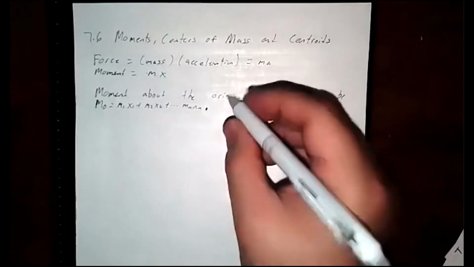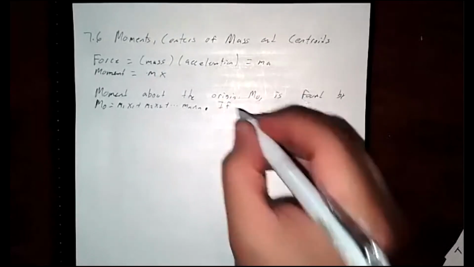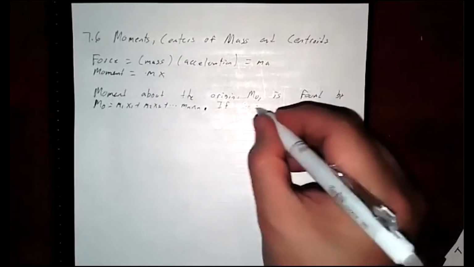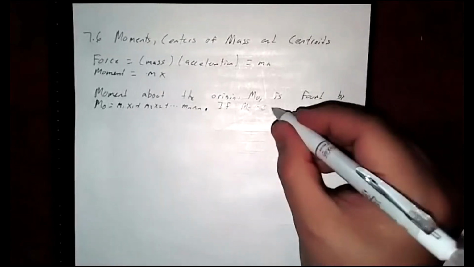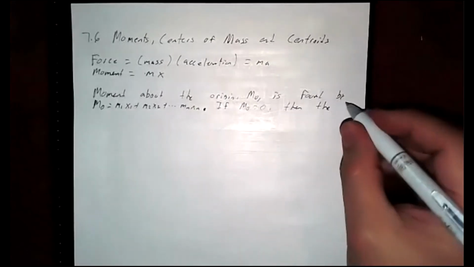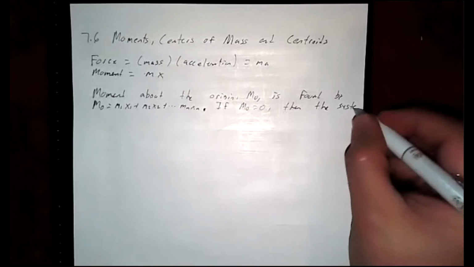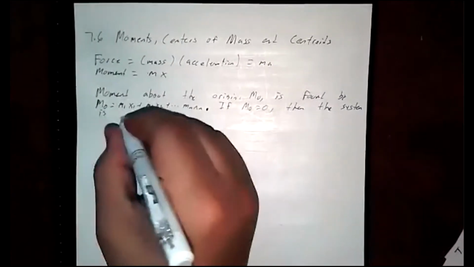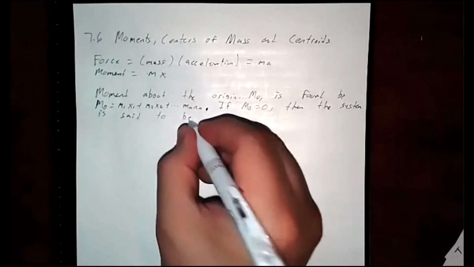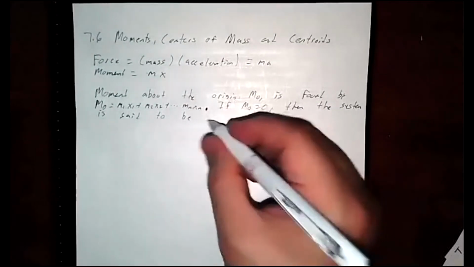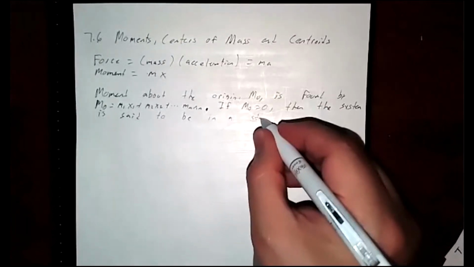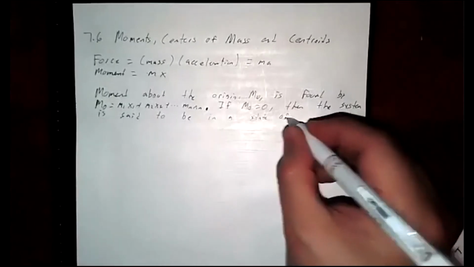If m0 is equal to 0, then the system is said to be in a state of equilibrium.